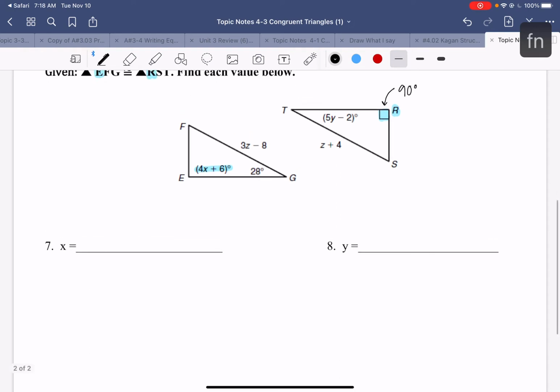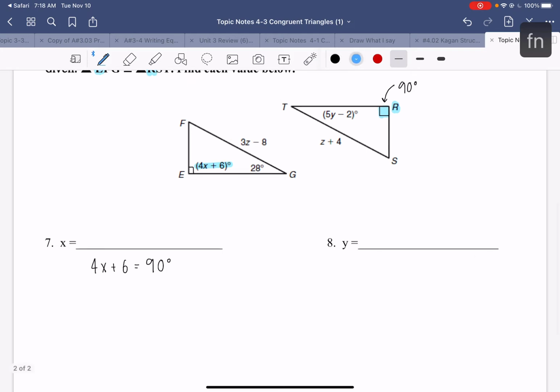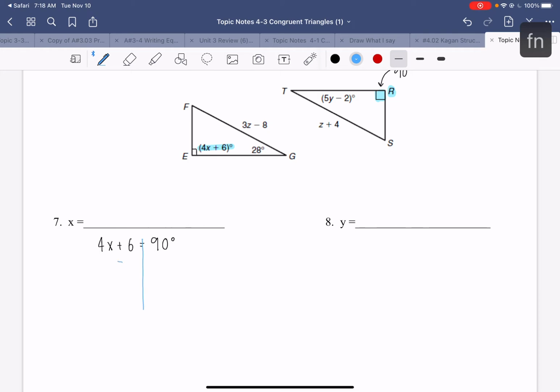So to solve for x, I can do 4x plus 6 equals 90 degrees, because angle E is also 90 degrees. Subtract 6: 4x equals 84. Divide by 4: x equals 21.